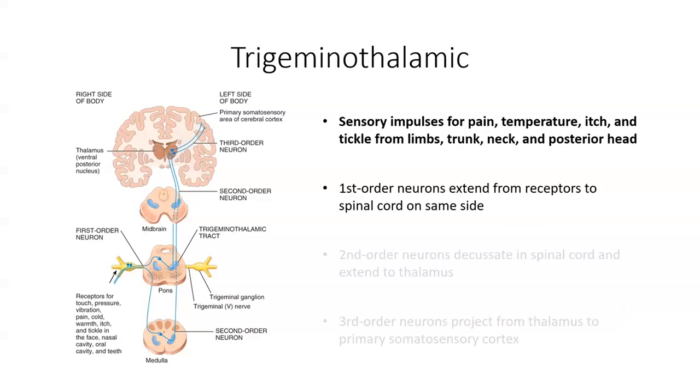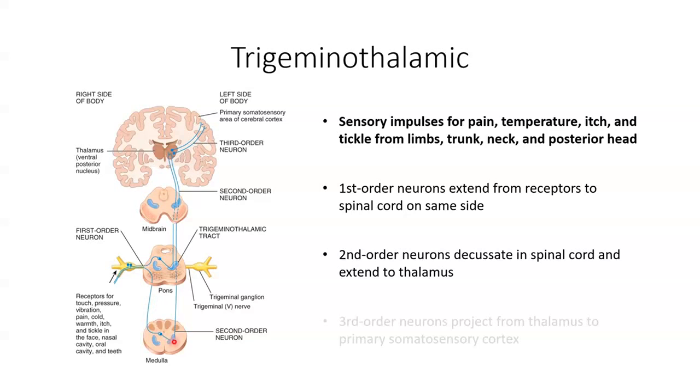The first order neurons extend from the sensory receptors into the pons via that cranial nerve 5, or our trigeminal nerve. And again, the cell bodies of these receptors sit in that dorsal root ganglion just outside the brainstem. Some of the first order neurons will synapse with second order neurons in the pons, but others actually travel down and synapse with the second order neuron in the medulla.